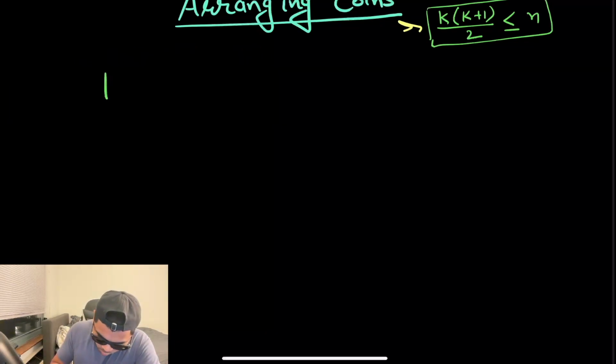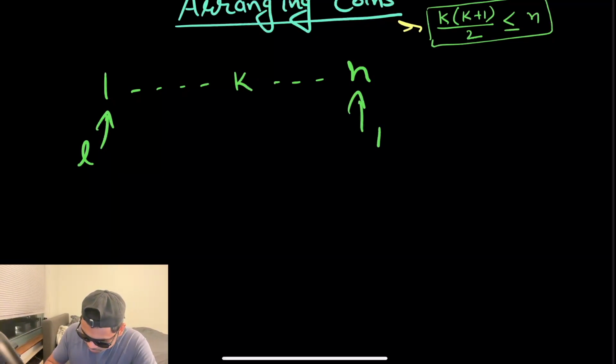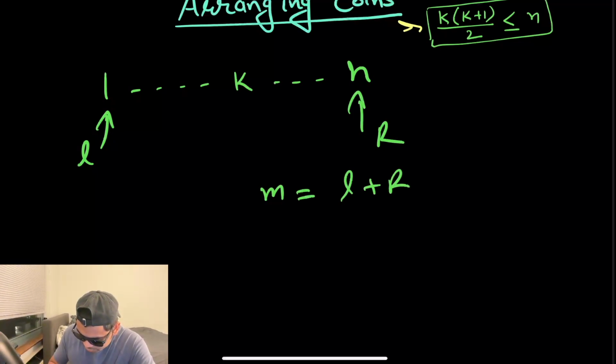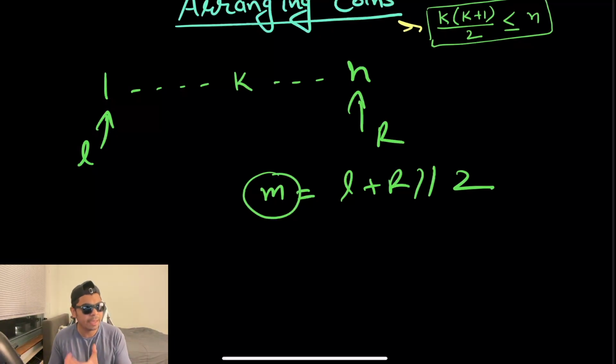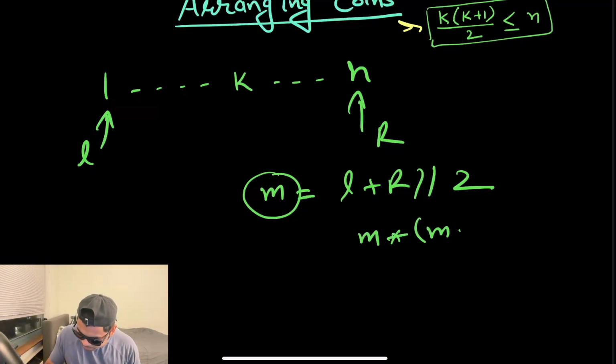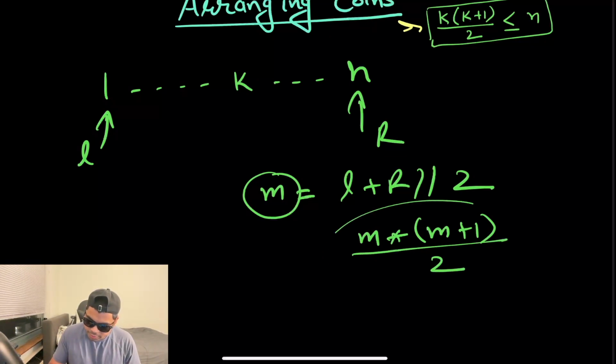All right, so 1, then there is k, and then there is n. We have our left pointer pointing to 1, right pointer pointing here. Then we find our mid, left plus right divided by 2. Now this m we're gonna check. Let's find out the sum until m, which will be m into m plus 1 divided by 2. This will give us this sum.